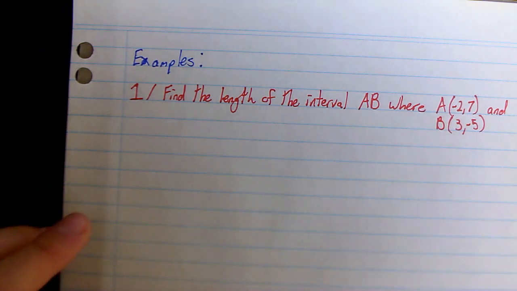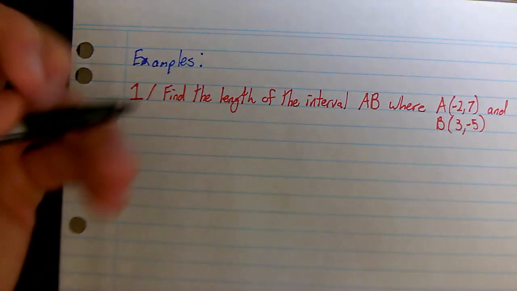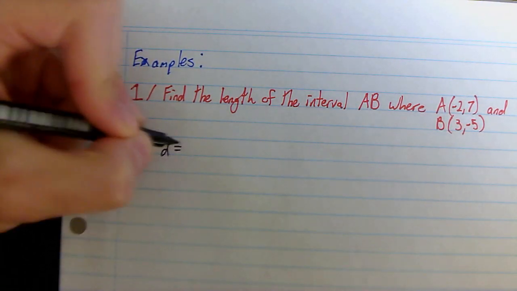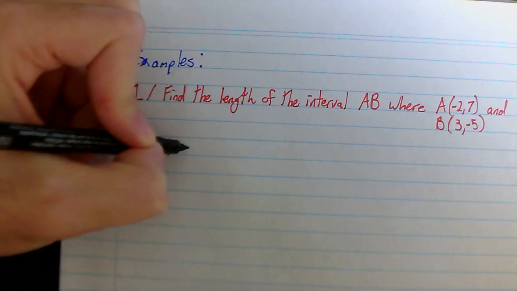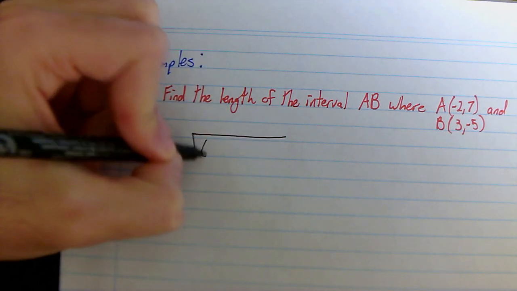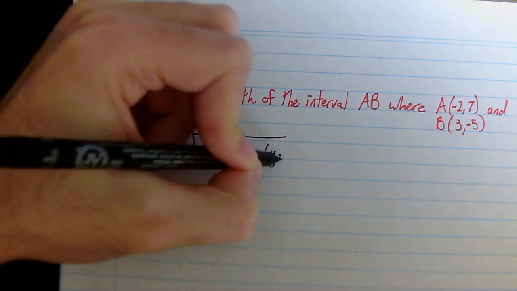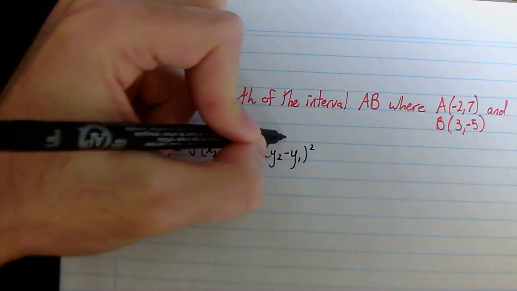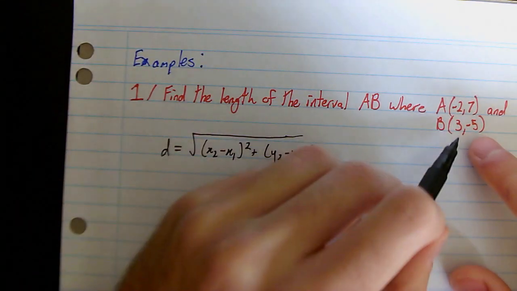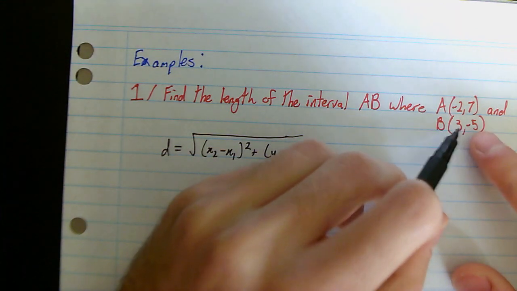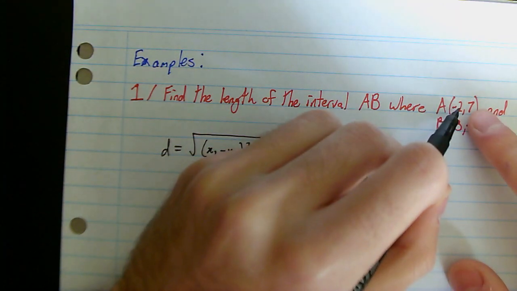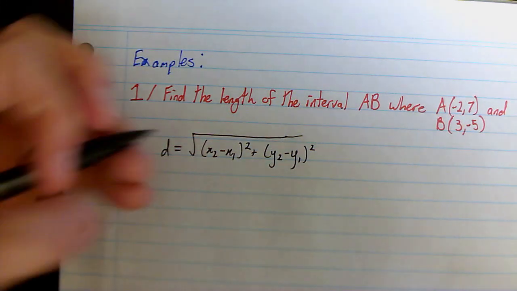Using our formula, which says that the distance is equal to the square root of (x2 minus x1) squared plus (y2 minus y1) squared, let's say this 3, -5 is our x2, y2, and this -2, 7 is our x1, y1.